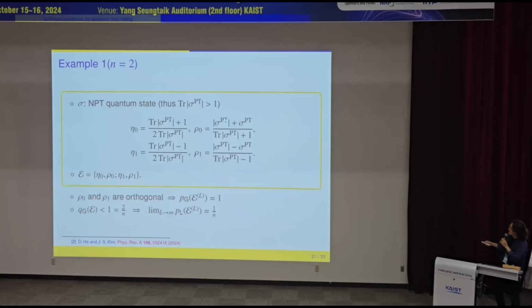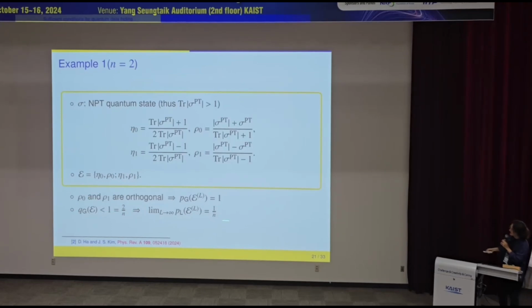By using this, we can define these two quantum states with these probabilities, and they are orthogonal to each other because of the construction. If you multiply these two, this is nothing but the zero operator, so they are orthogonal. And we can also show that this ensemble satisfies the inequality: the QG is strictly less than 1, which is equal to 2 over n when n is 2.